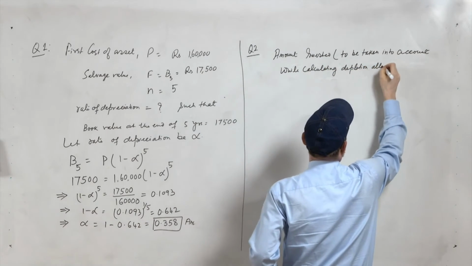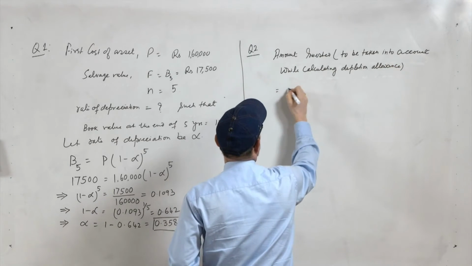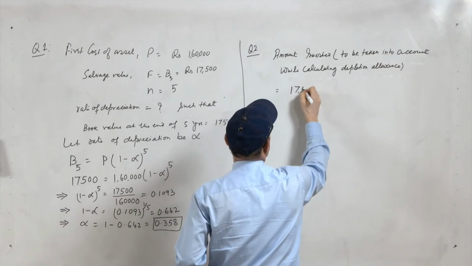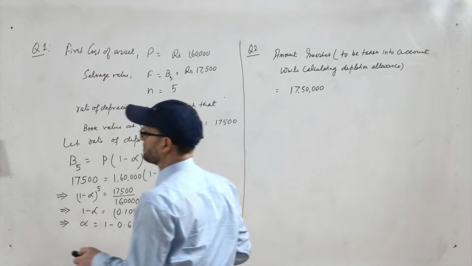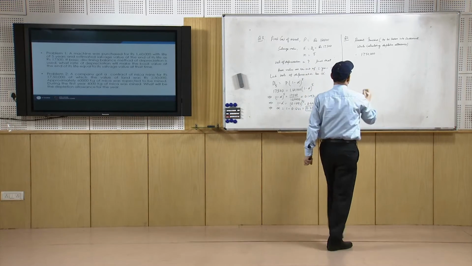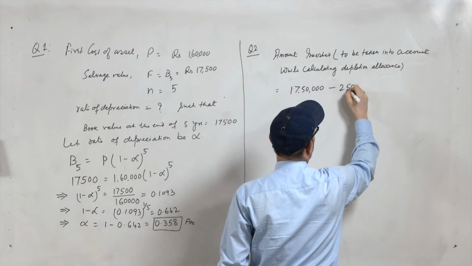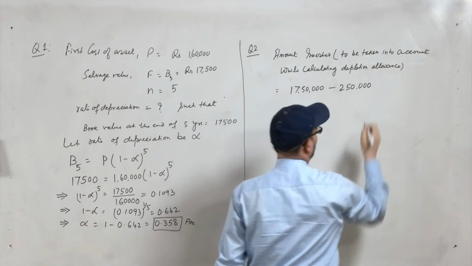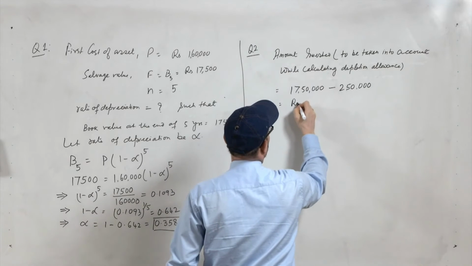So, the cost of land will be subtracted. It will be 17,50,000 minus 2,50,000, because land is not depreciable. So, it will be rupees 15 lakhs.